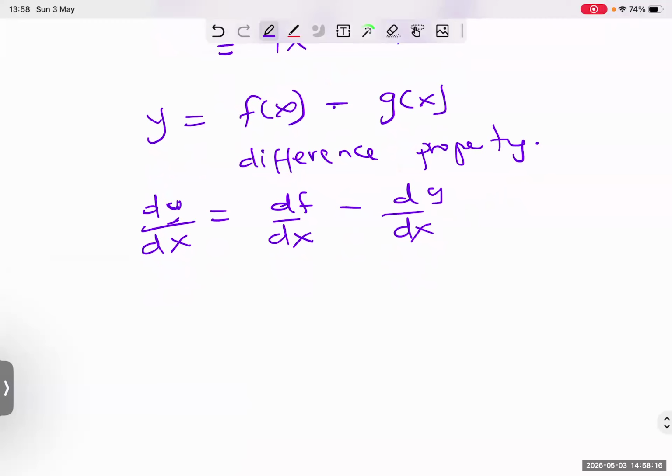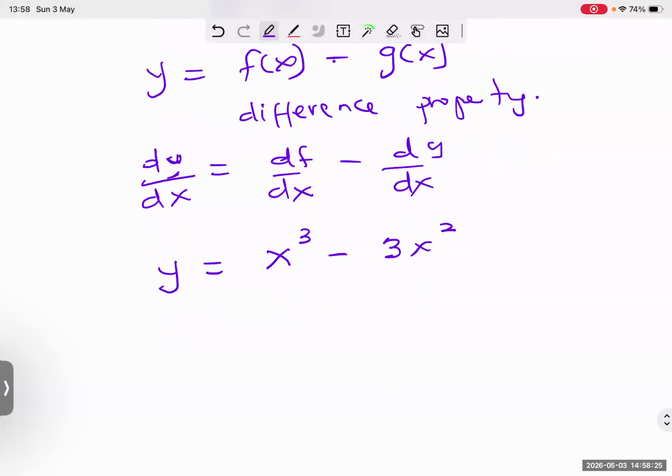So for example, if we have y is equal to x cubed minus 3x squared, to differentiate this function, we try and see if we can simplify it, because in a simplified form, it's easier to differentiate.